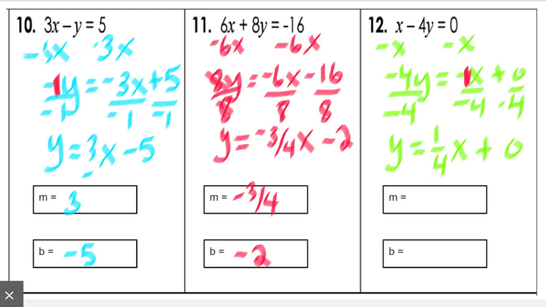Okay, so our slope is 1 over 4, and our y-intercept is 0. We technically do not have to write this plus 0 here. So if you had y equals 1/4 x, that is also correct.